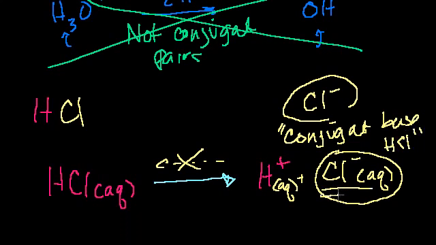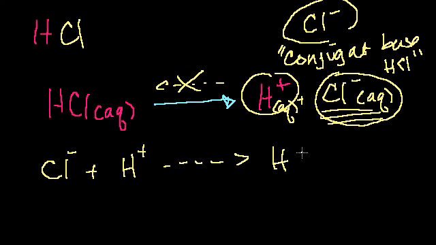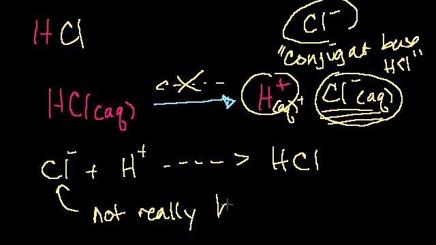This is less basic than water. It wants the hydrogen protons less than, let's say, hydronium. So if you put some chlorine plus some hydronium, or let's say just some H+, you're not going to reform hydrochloric acid. So this is not really basic, even though it's considered a conjugate base.